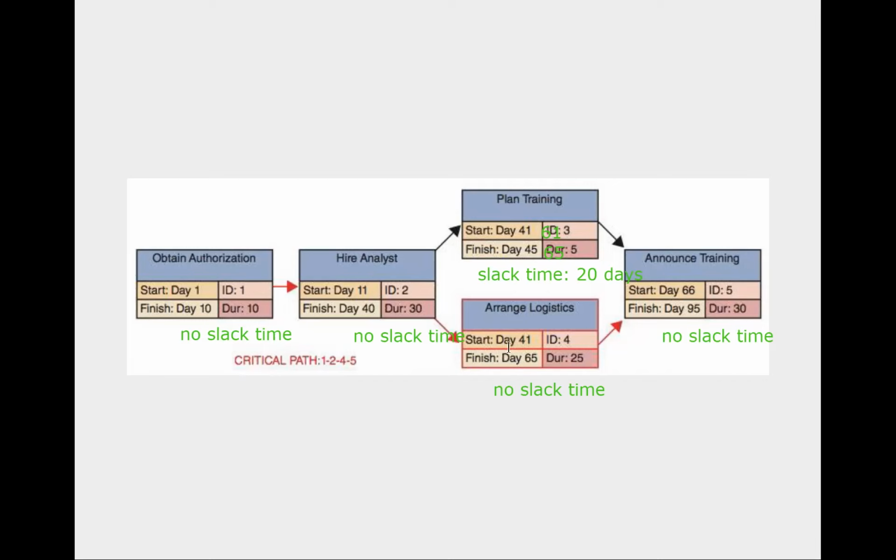This can be simply said by comparing these two in this particular example, because between these two tasks, this will take 25 days and this will take 5 days. So the difference is 20 days, right? So my point is, without affecting the total project time, you can delay task number 3 by 20 days, and that is the slack time.